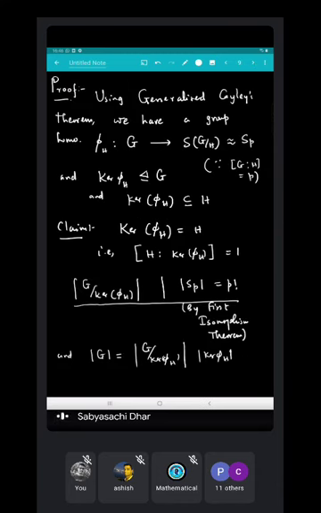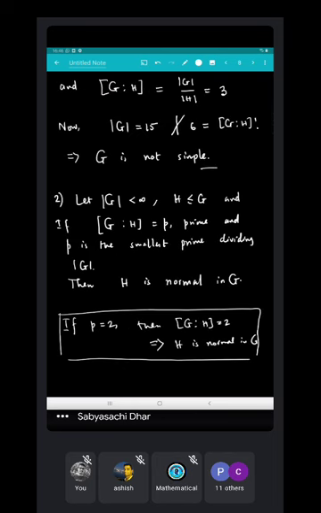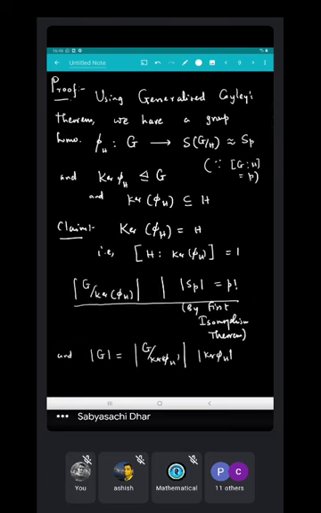So we have proved that if the index of H in G is p, a prime, and p is the smallest prime dividing the order of G, then H is normal in G. So it is an application of the generalized Cayley's theorem.